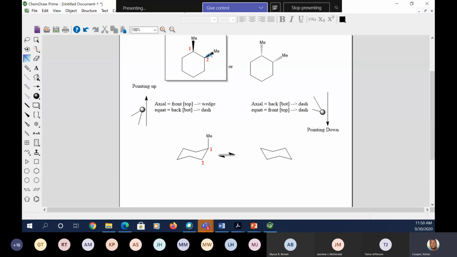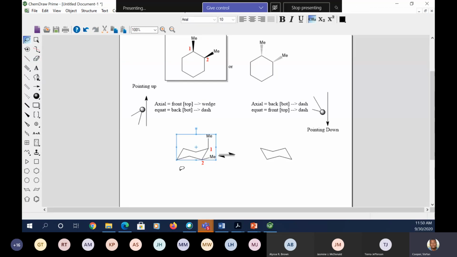So if I want to put front on a carbon that's down, I have to go where? Axial, equatorial. I have to go equatorial, right? So I go there. So to draw cis-1,2-dimethylcyclohexane, this is the way I draw it, where there's an axial position on carbon 1 and an equatorial position on carbon 2, right?